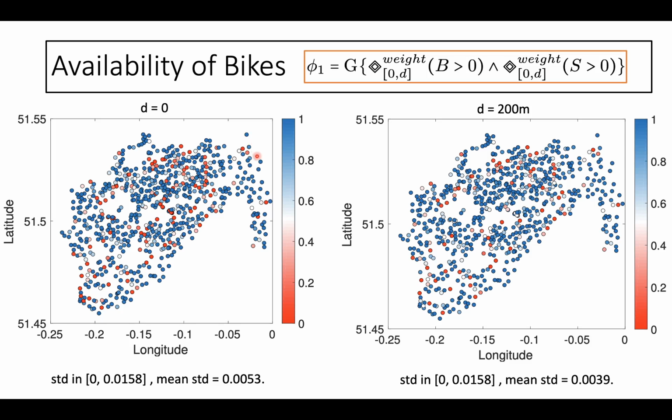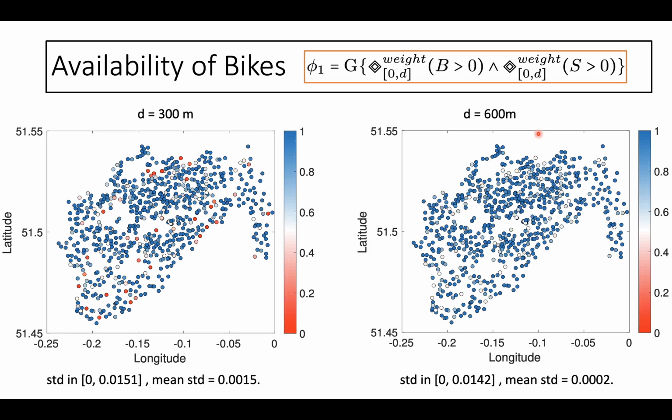The first one is with d equal to 0, the second is with d equal to 100 meters. You can already see that we are increasing the locations that satisfy the property. Things are much better already with 300 meters.